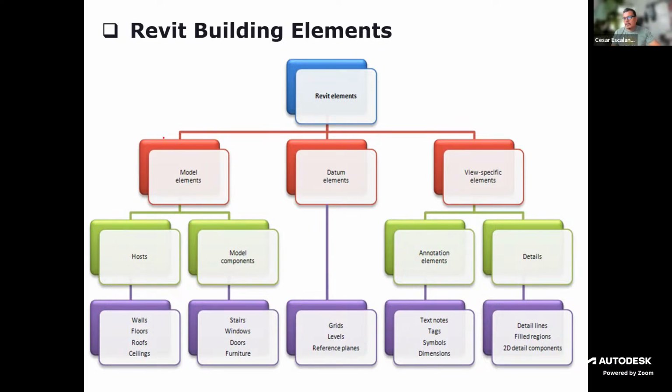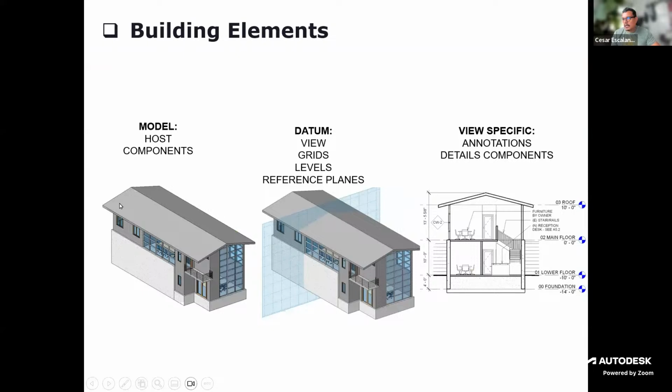A model element is information in the project that represents any graphic geometry. Model elements can be hosts. A host is also called a system family. So please learn that: system family, it's a host.